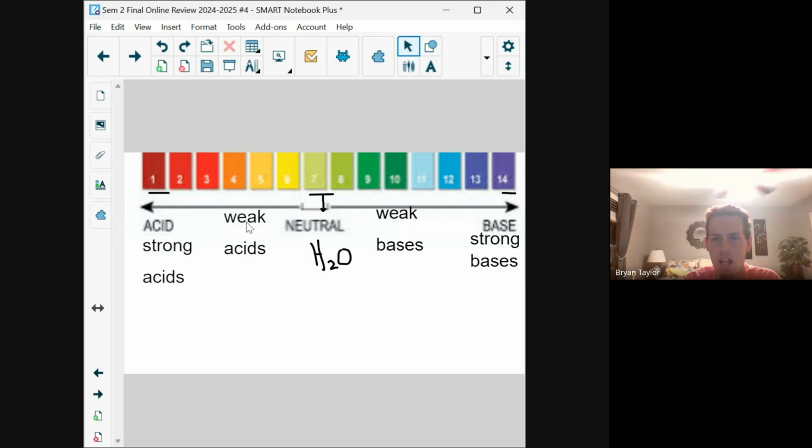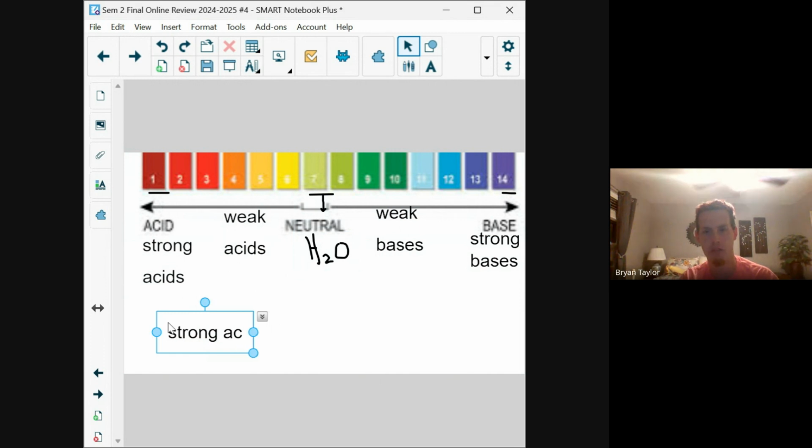So with this, the reason I want to mention this is what's the difference between strong and weak? I know you can see the numbers, that makes sense, but what is it? A strong acid or base is all aqueous.